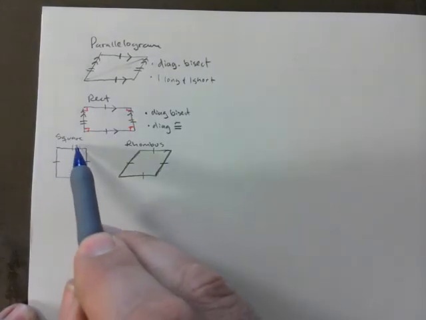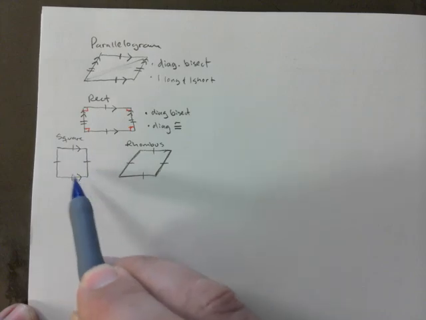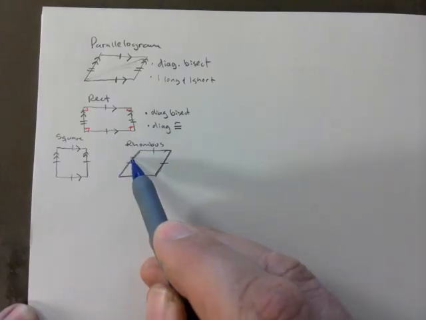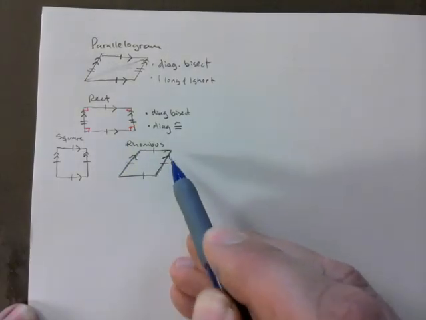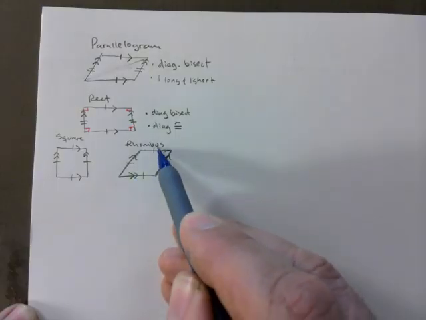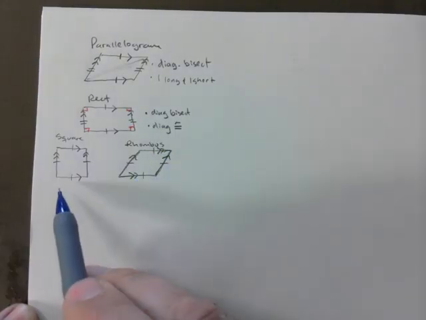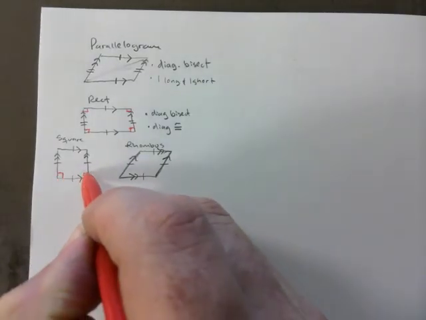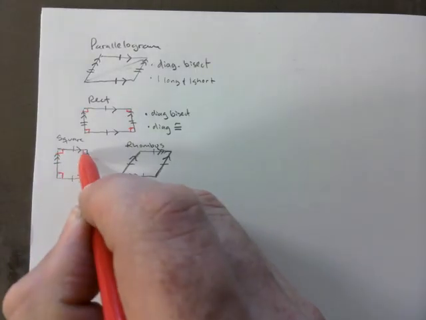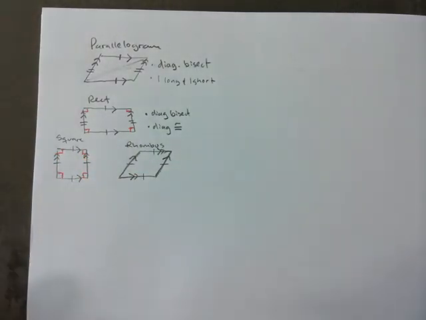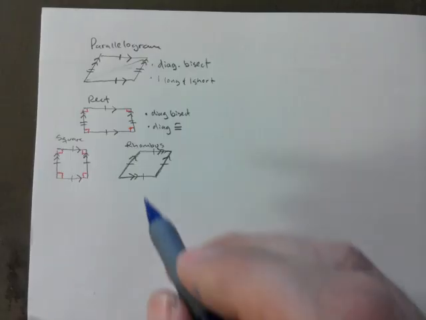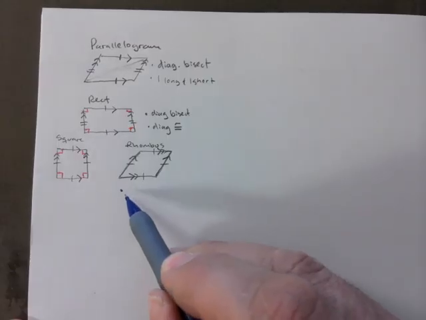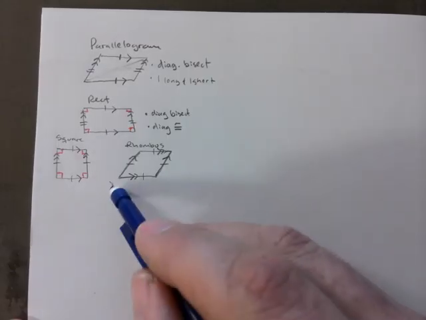We still have the parallelogram features where there's two pairs of parallel sides. This one has all 90s. This one, you know what? That is true for both.